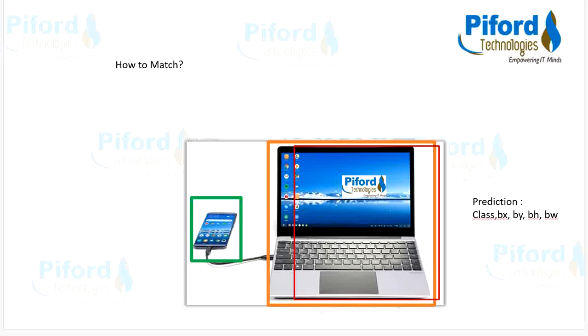SSD will match those boxes with the ground truth boxes. For this matching task we will use IOU, intersection over union, and this overlap should be greater than 50%. Finally, we will pick those predicted boxes which have maximum overlap with the ground truth boxes.